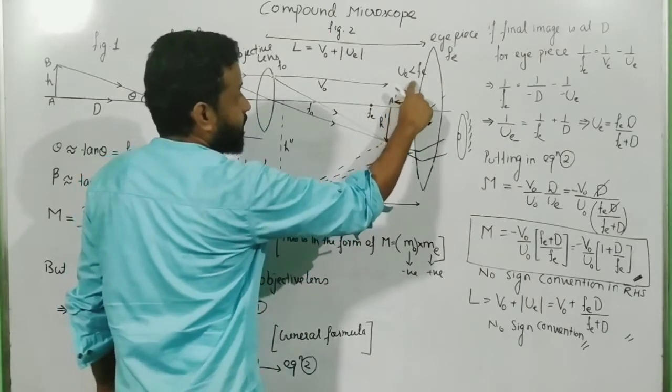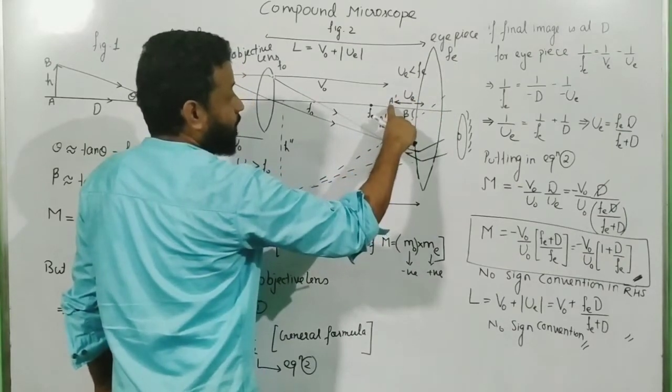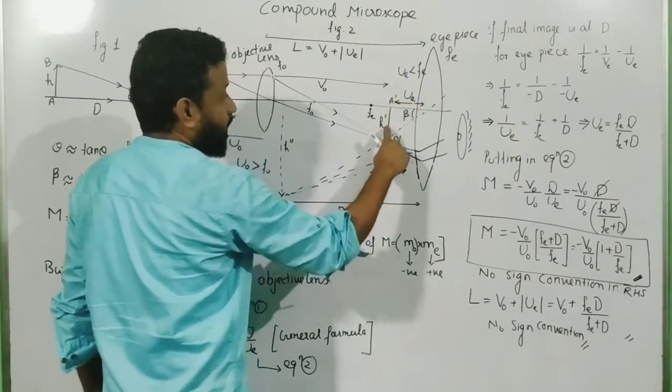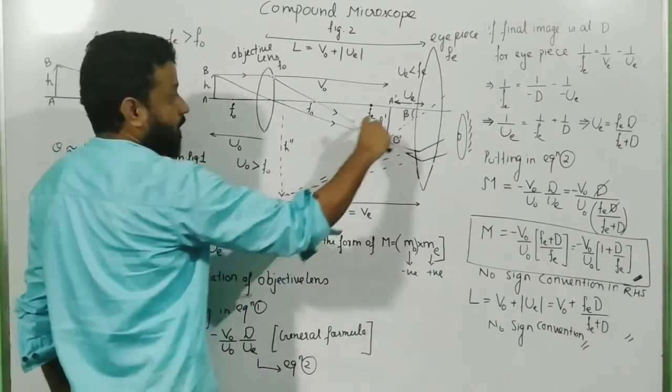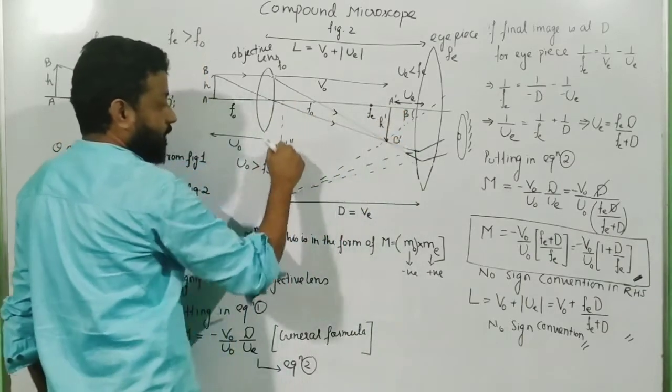So this is the condition, that UE must be less than FE. Now when the object distance becomes less than the focal length, a virtual image is formed, and it is in the same orientation. So if this is inverted, this is also inverted. Okay.